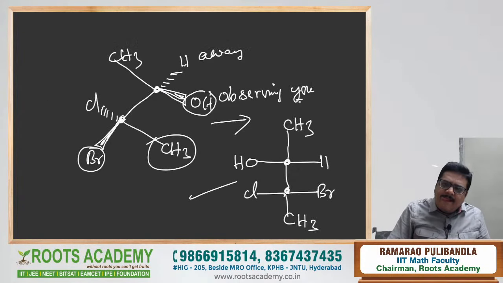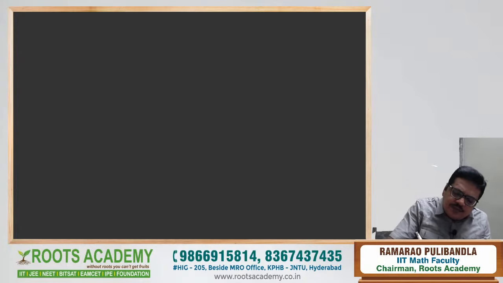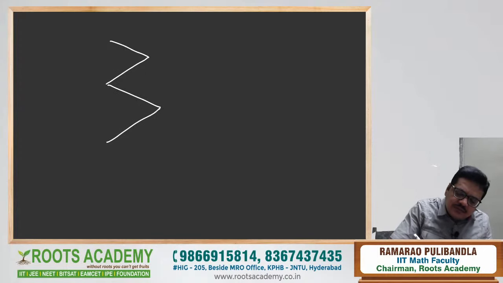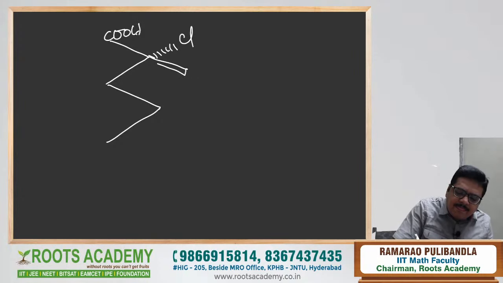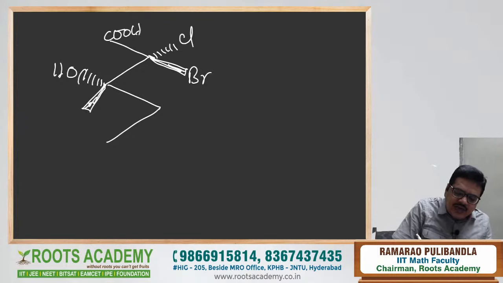So this is about the conversion of three-dimensional to two-dimensional. Okay? I am writing another picture now. This is COOH. This is Cl. This is Br. This is OH. And this side methyl.